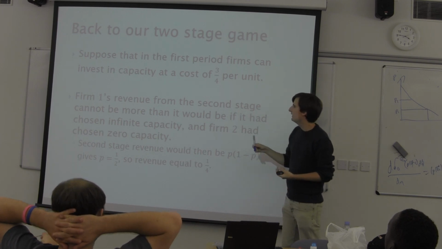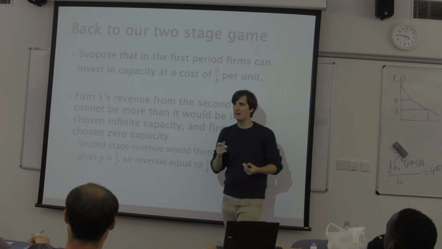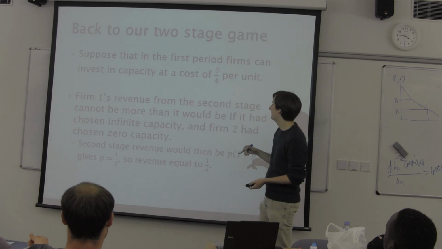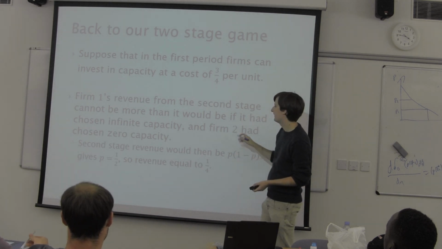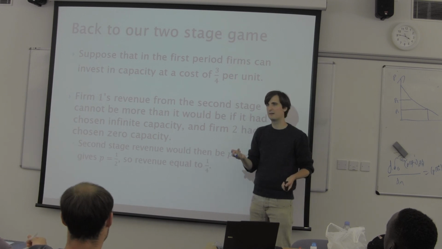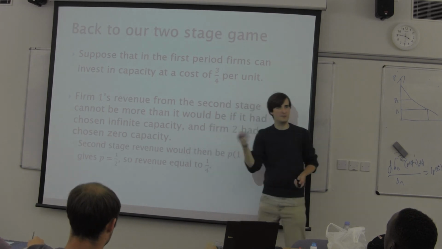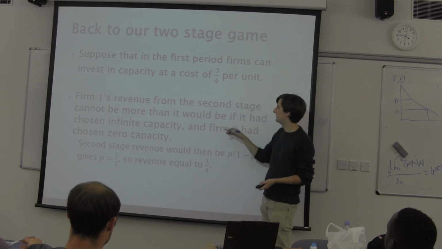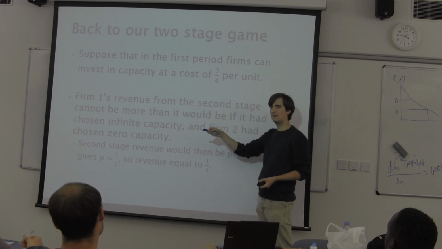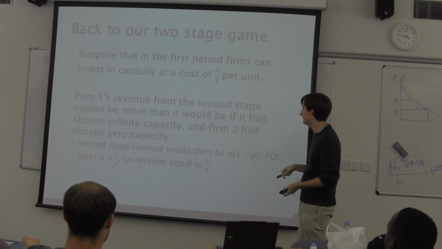If they chose an infinite capacity in the first stage, and the second firm chooses 0 capacity, then it's just monopoly. If one firm is prepared to produce an infinite quantity, the other one can't produce anything, so it's just like a monopoly setup. So the revenue from the second stage must be less than monopoly revenue.